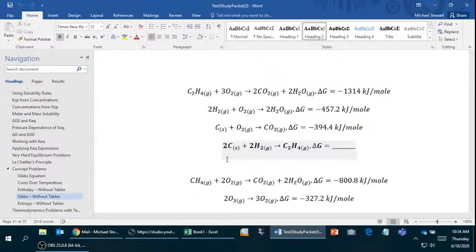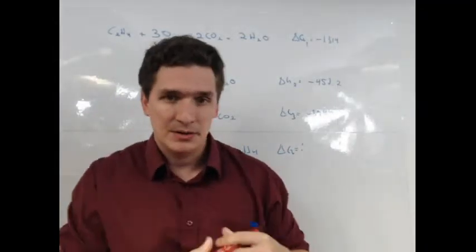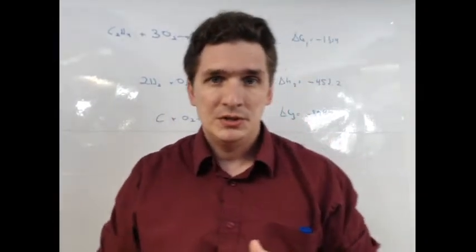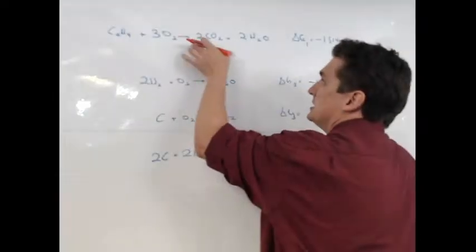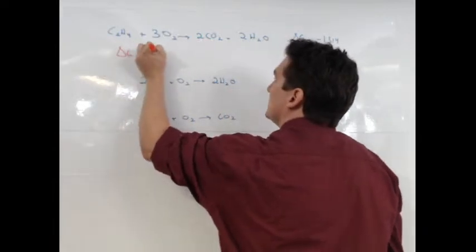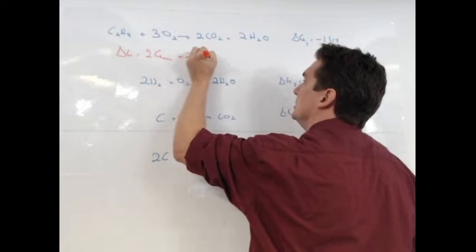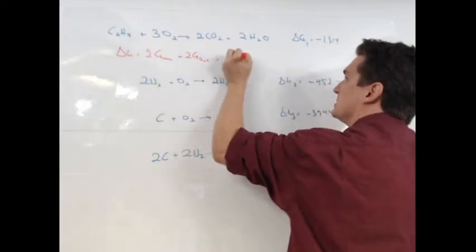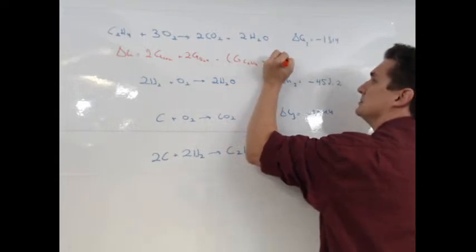So there are two ways of approaching these types of problems. The way I'm going to recommend you learn how to do is Hess's law. So for Hess's law, what you're going to do, write out the Hess's law expression for each reaction. So in this case, it's products minus reactants, so the delta G equals 2 times the Gibbs of CO2 plus 2 times the Gibbs of H2O minus the reactants, the Gibbs of C2H4 plus 3 times the Gibbs of O2.